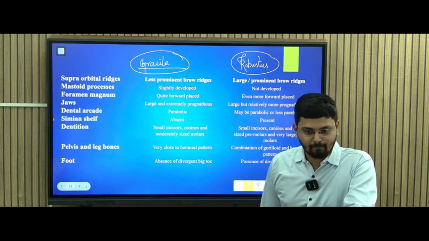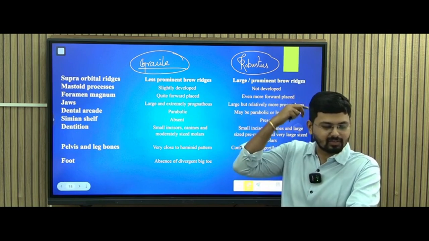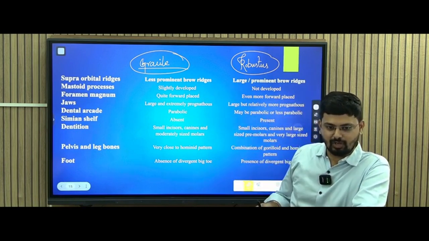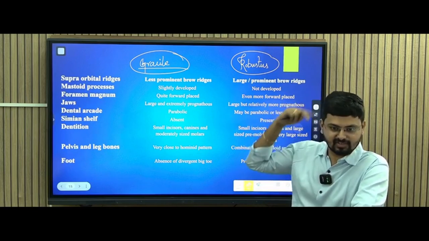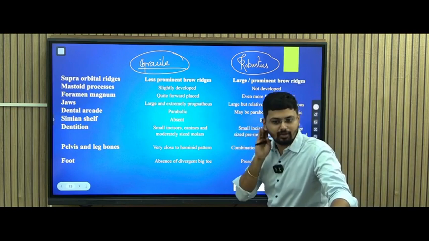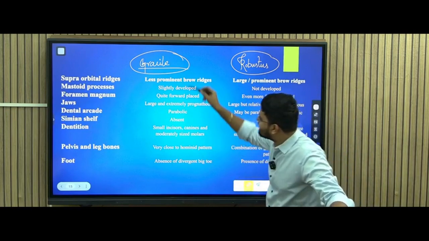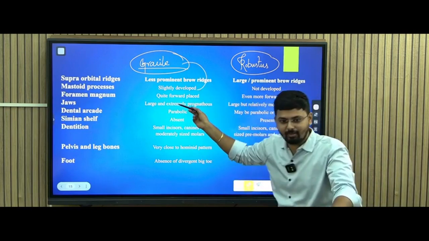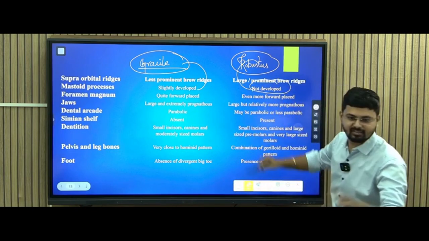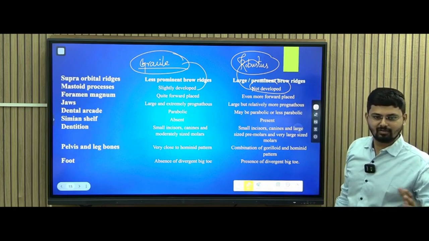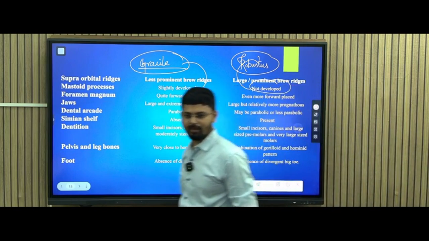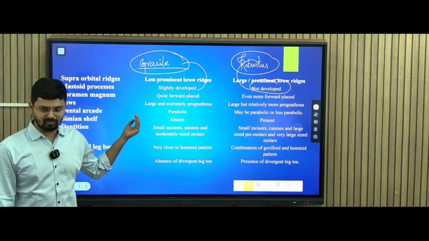No, that is with respect to your sagittal crest, where your muscles get connected. So that's different. Here what you notice is in humans it is well developed. So gracile is more close because it is developed here. Here it is far away. It is having more primate-like features. It is not developed at all. Clear? Since it is not there, that means it is more close to primates, and this is more close to humans.